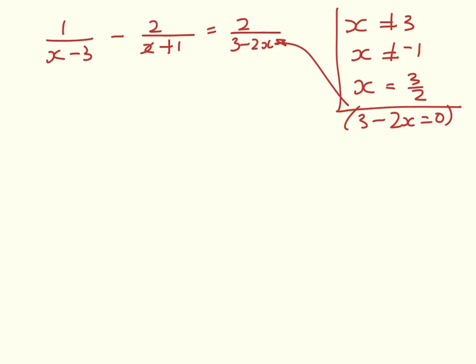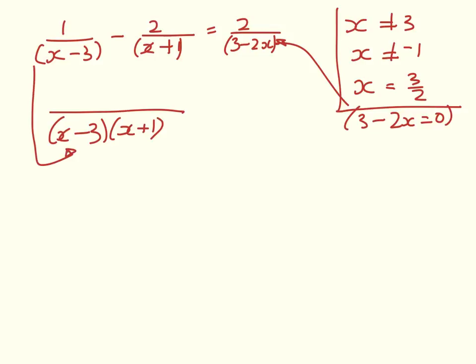I'm going to work first with the left-hand side and get a common denominator. So I've got two factors, x minus 3 and x plus 1. Often helps to put your brackets in everywhere. And now we think about what happened to the x minus 3. Well, it got multiplied by x plus 1. So I'm going to have 1 times x plus 1.